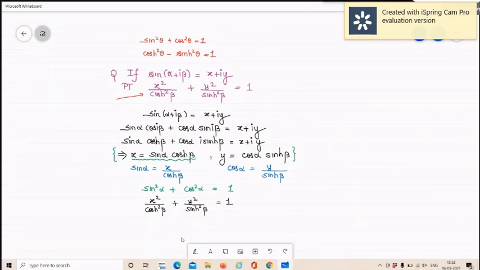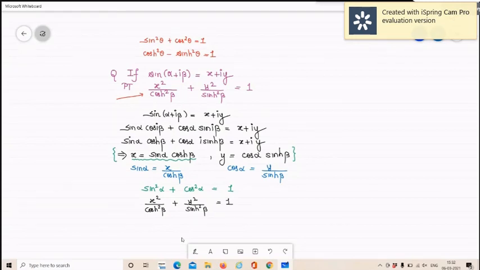Yes. So what did I tell you to focus on? We did sin of a plus ib. After that, we equated the real part and we equated the imaginary part. After that, I checked. In my given part, I have x, y, alpha, beta. And in the part to be proved, I have x, y, and beta.